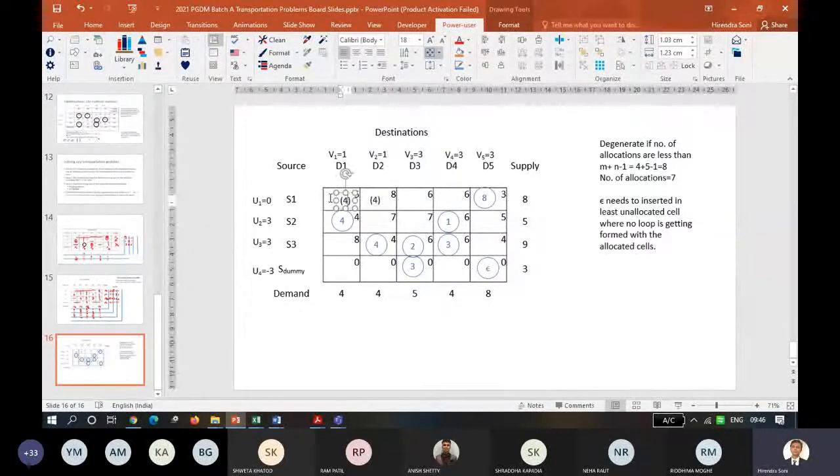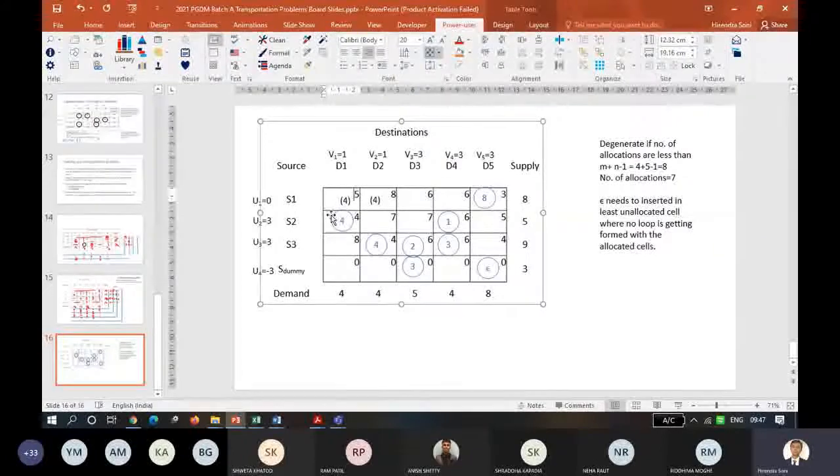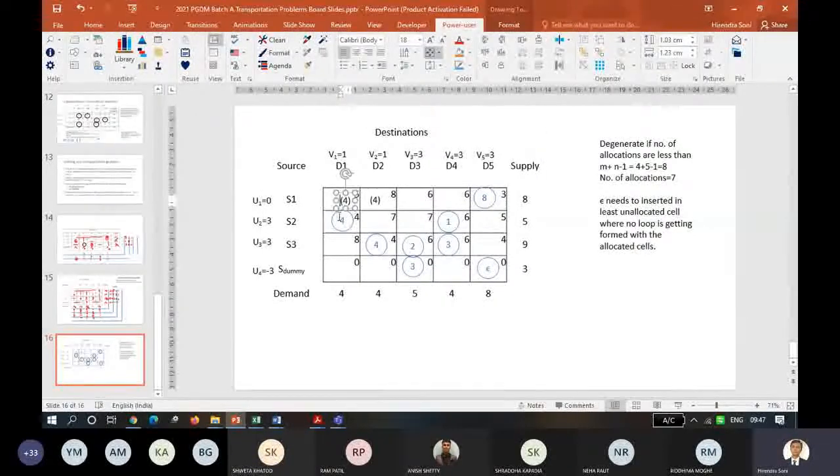This says if an allocation comes in this cell, it will increase the total cost by 4. If 2 units come in it, the cost will increase by 2 into 4, 8. If 3 units come, 3 into 4, 12. Okay, sir. So that's the reason why we call it opportunity cost.